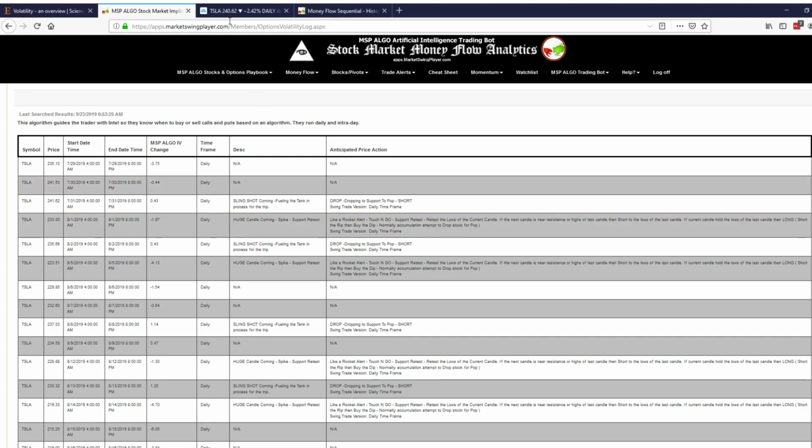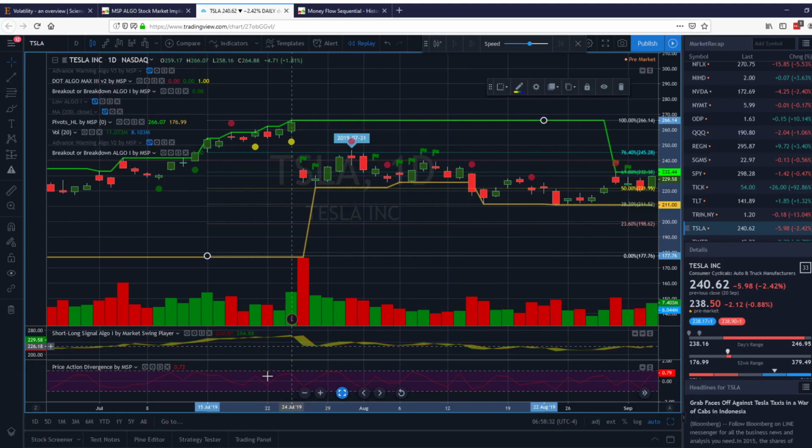So we got one on the 1st, so we know we're going to look at the 2nd. So this 31st, there goes the 2nd, and it's saying price is going to retest support. And if it holds, it's going to bounce. Okay?